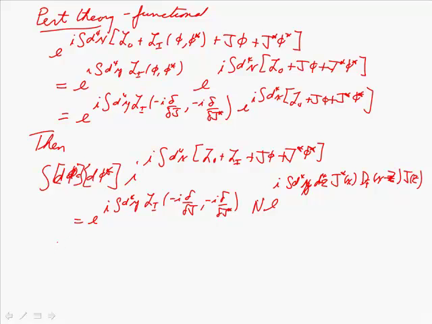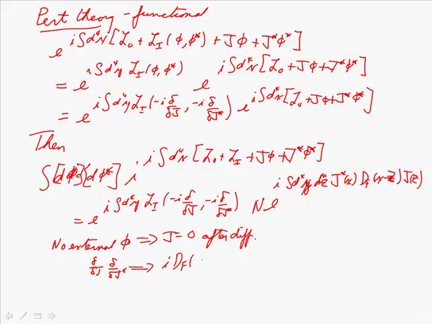In this case, there's no external phi particles, and so we set J equal to 0 after differentiation, because there's no matrix elements involving phi's, so we don't have any external derivatives with respect to J. What that then does is that delta J, delta J star always turns into i DF of whatever the integral.